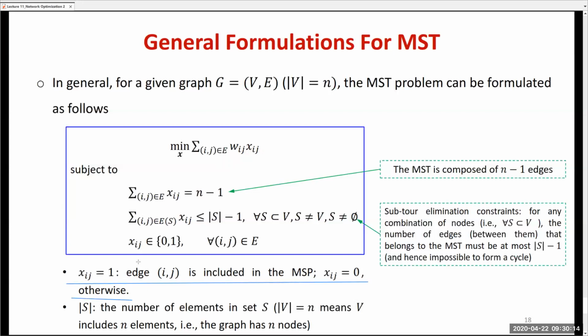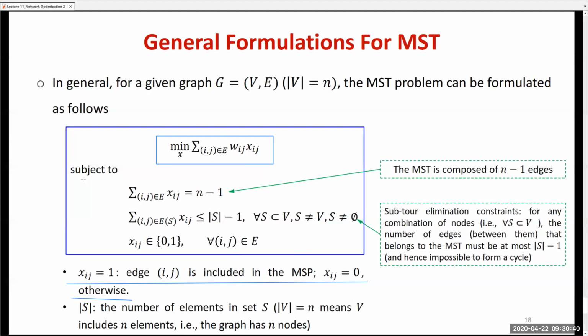So it's a binary variable. Then it's very clear that you're going to have the objective function equal to the summation over ij of wij xij. So if xij is really in the MST, then its weight will be counted. Otherwise, the weight will not be counted. So this is very simple.